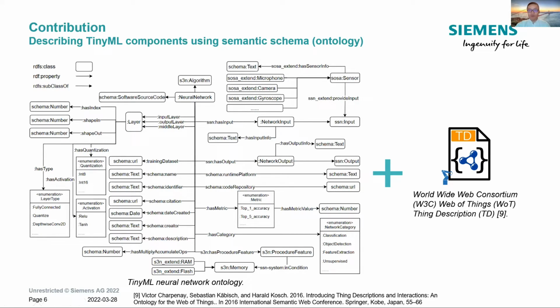And besides, this information model is designed to be aligned with a thing description, or W3C TD. TD is actually standardized to semantically describe IoT devices or embedded devices, such as their hardware specifications. With these two information models, we can basically describe tinyML components, I mean hardware and ML models, in a unified language.